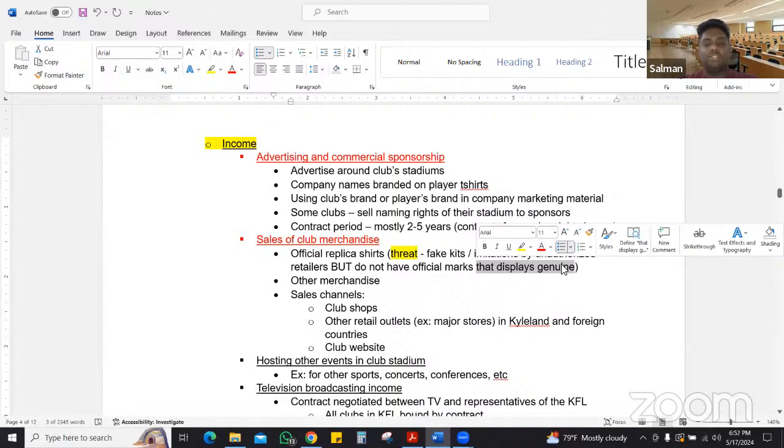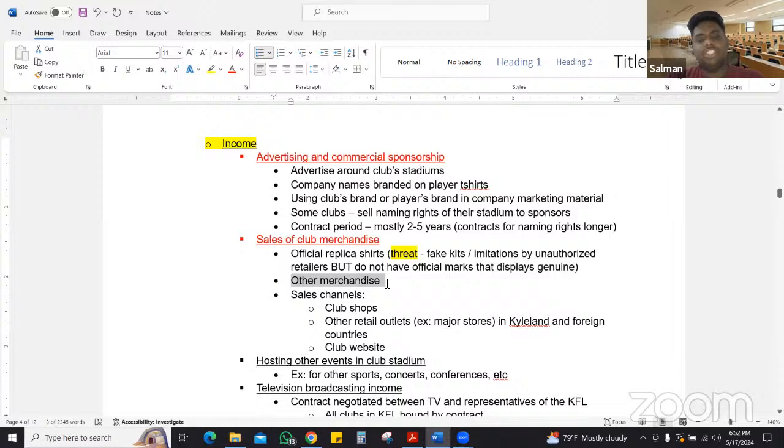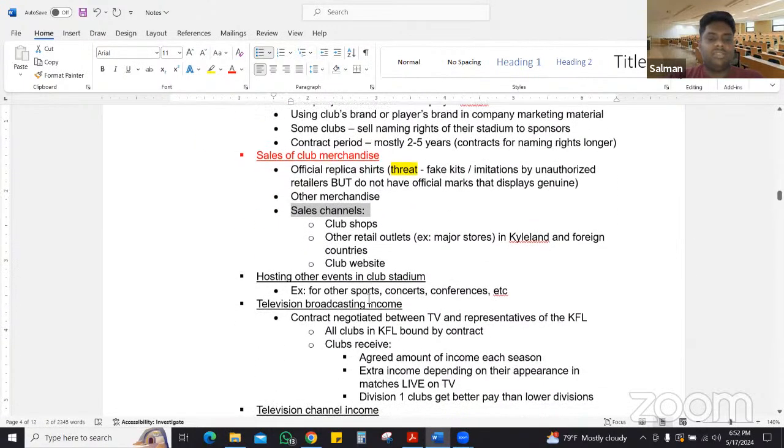Many customers value the price as well. So a portion of the replica merchandise market is stolen by unauthorized retailers. That's a threat.